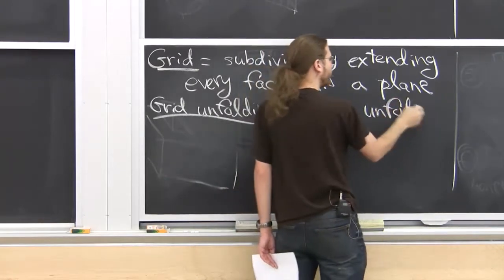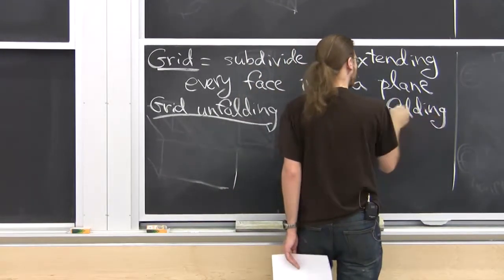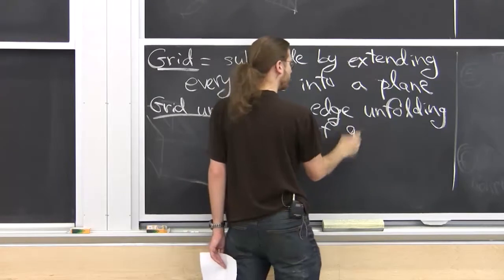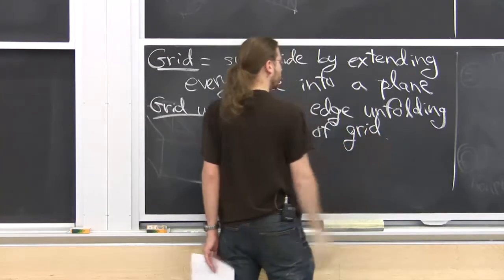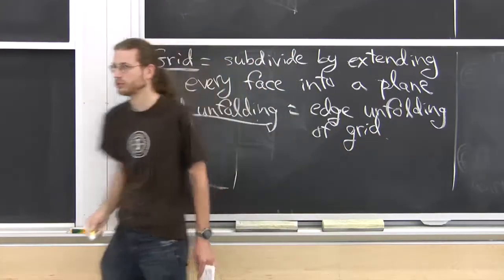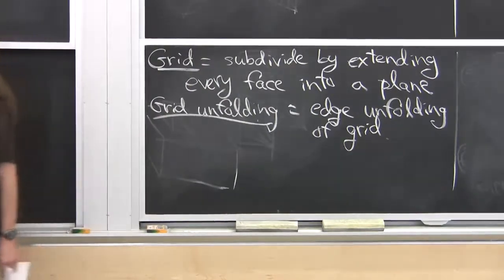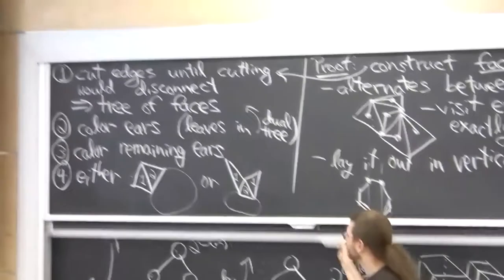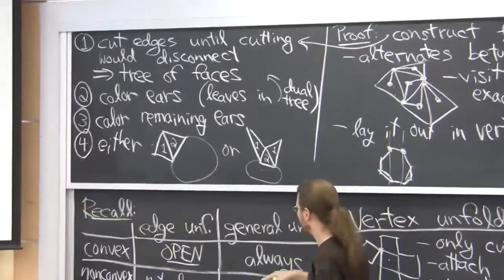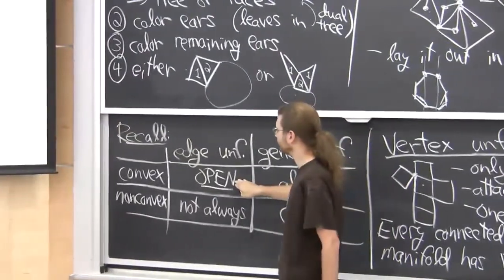This only makes sense for orthogonal polyhedra. Open question: do grid unfoldings always exist? It's essentially the orthogonal analog of this question, edge unfolding of convex polyhedra.